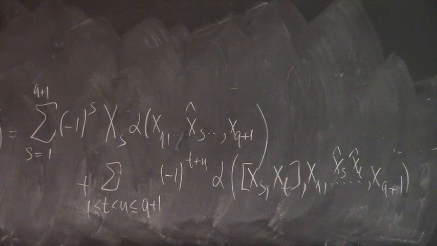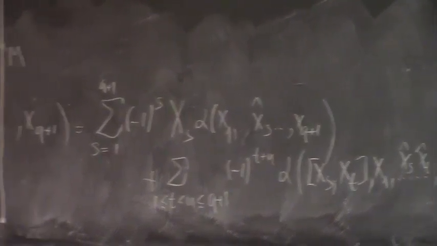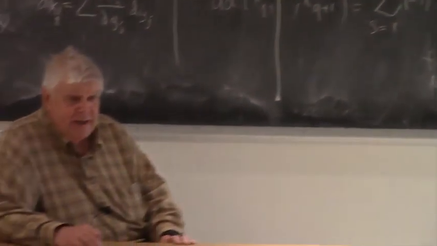If q is not big, if it is small, then this formula becomes actually very short and instructive. If q is, say, 3 or 4, we have many sums, especially the second sum, over two arbitrary numbers between 1 and q plus 1. So q plus 1 choose 2 possibilities.